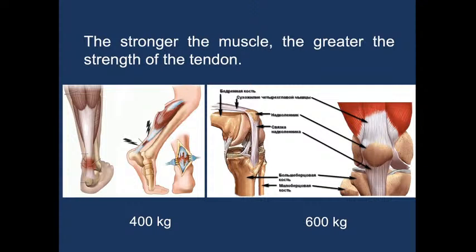The fact that the tendon is a very strong structure we can illustrate with two muscles, musculus triceps cruris and musculus quadriceps femoris here.